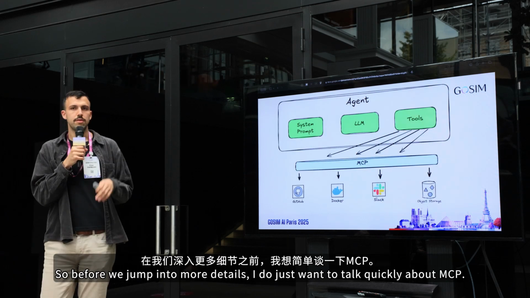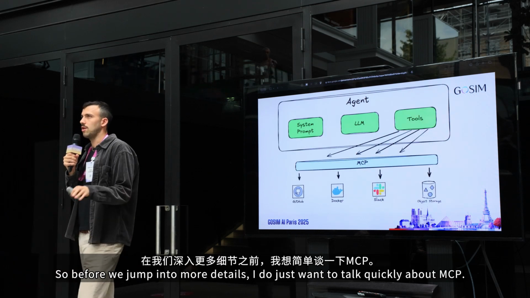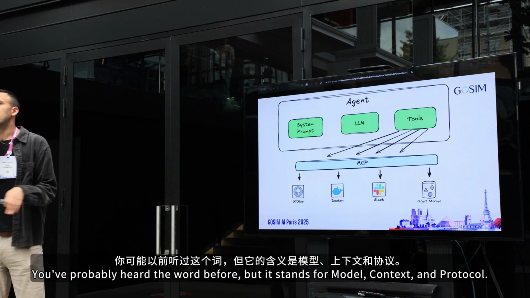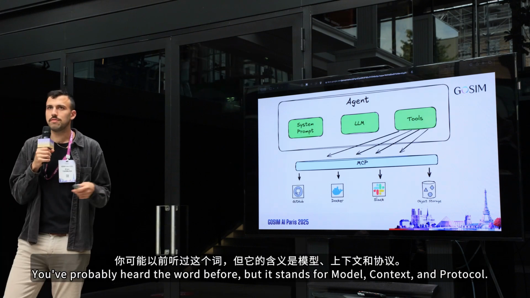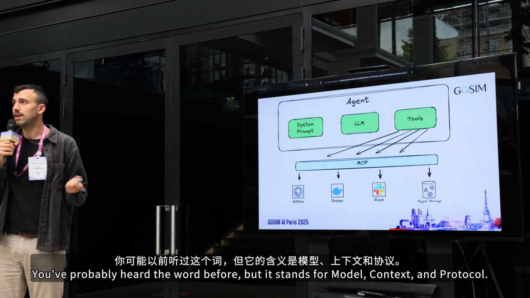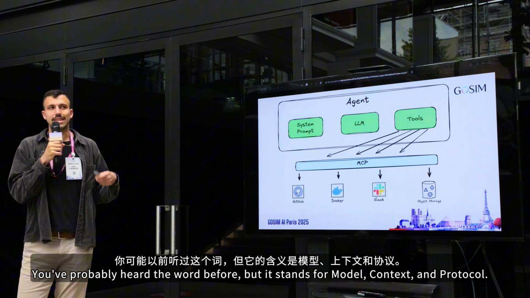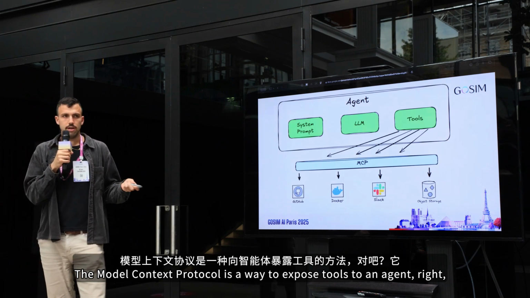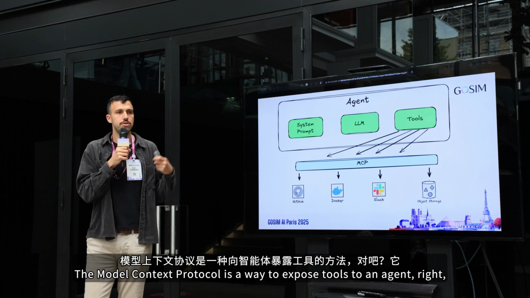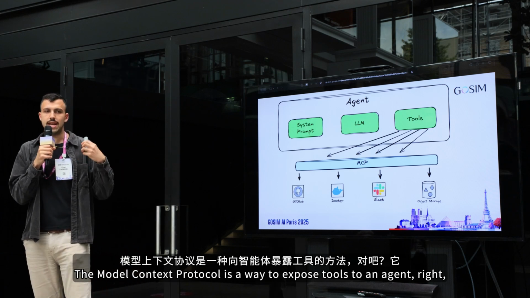Before we jump into more details, I do just want to talk quickly about MCP. Everyone here has probably heard the word before, but it stands for Model Context Protocol. Essentially, the Model Context Protocol is a way to expose tools to an agent.